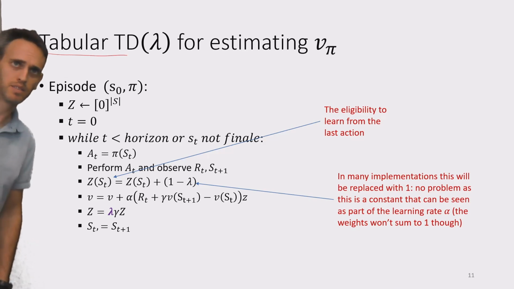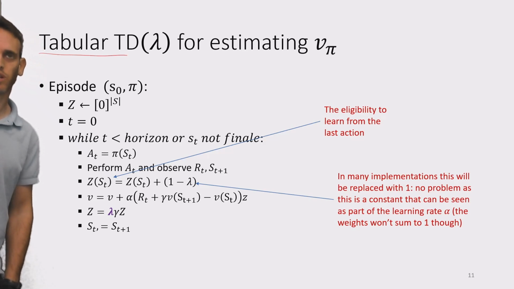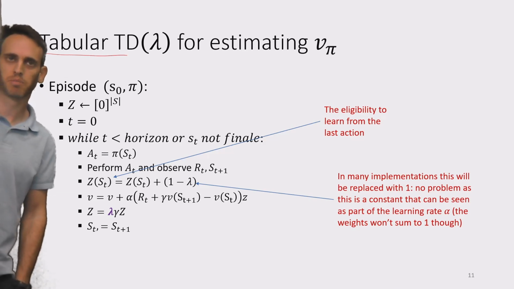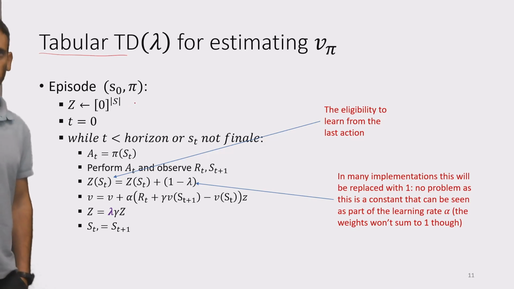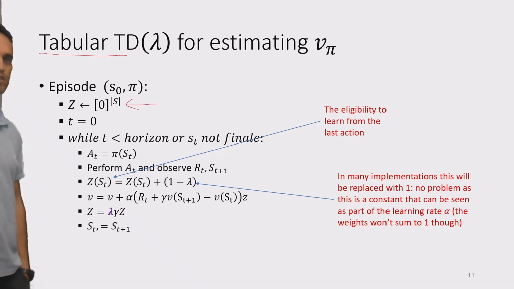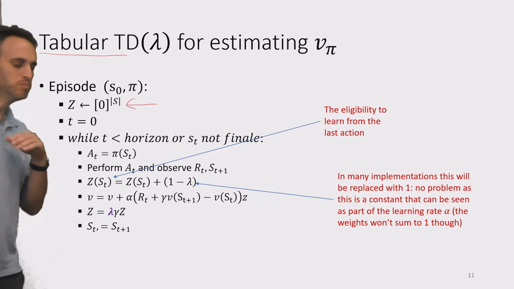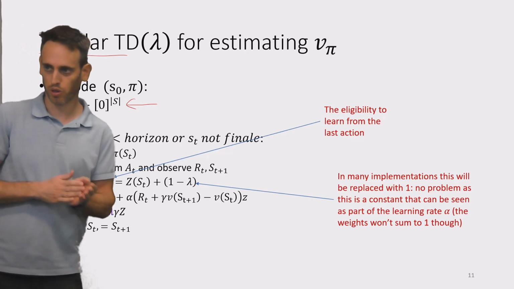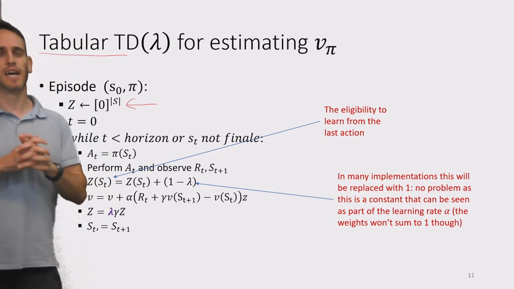But the idea is about the same. So if we understand how to do it in a tabular case, it will be a simple extension to the approximation case. So what we do now, on top of the TD0 that we've seen previously, is also store an eligibility vector, some eligibility value between 0 and 1 that represents the eligibility.